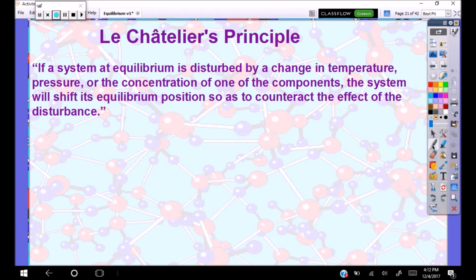Essentially, all that means is that if we put something into our system, we want to relieve that stress, right? So a couple of the key things you'll typically see: pressure, an increase in pressure. Pressure increase typically causes us to shift to the side with fewest moles.